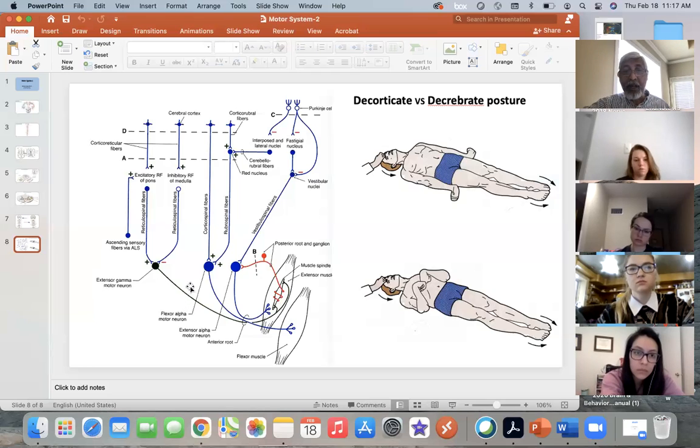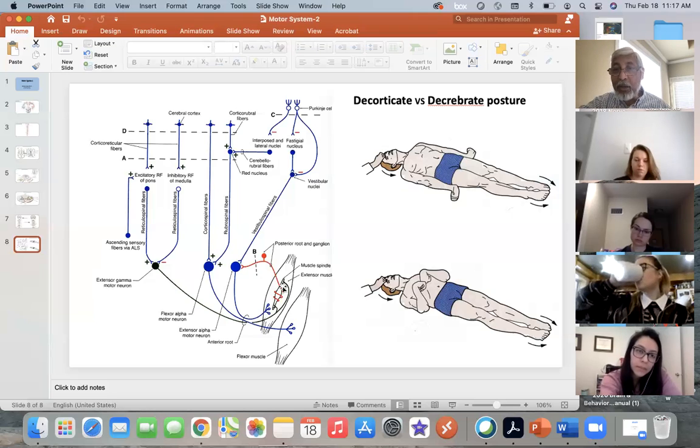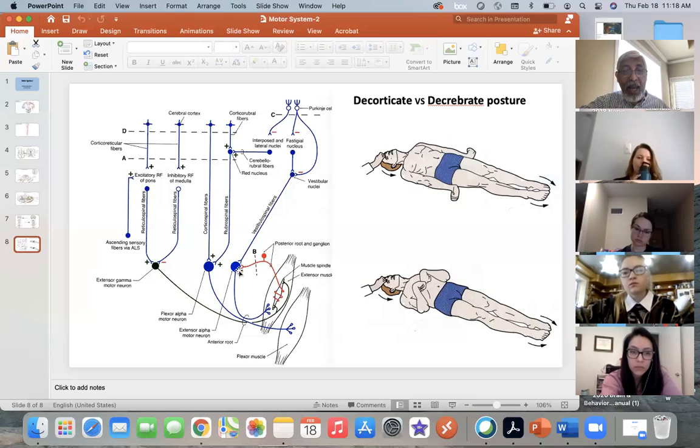Now, this is different. You are not stretching the muscle. You are not even touching the muscle, but a motor signal is coming to the muscle spindle, which is normally not very important. Now, when the motor signal causes the contraction of the muscle spindle, that will stimulate the sensory fibers of the muscle spindle. Then the sensory fibers will go to the spinal cord and stimulate the motor fibers that are going to the extrafusal muscle fibers.